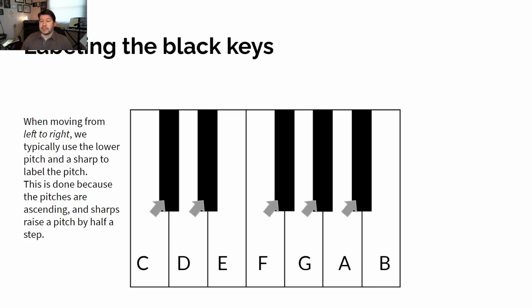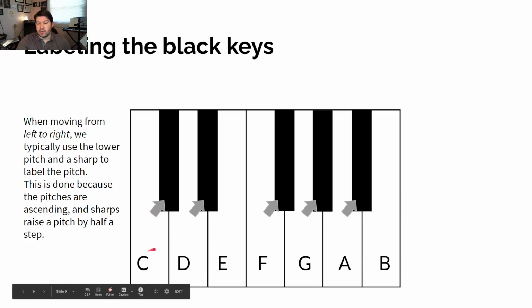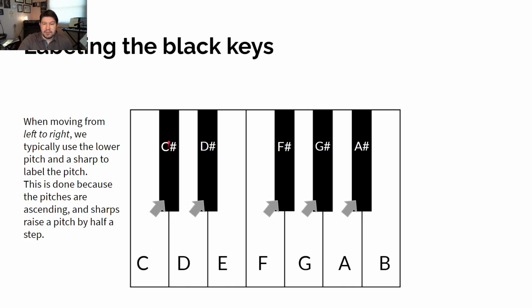So sharps, since they raise pitches by half a step, are used when we're going from left to right and ascending because it makes the most sense to raise a pitch as we are going higher on the keyboard. For example, we take C and we make it C sharp. D right there becomes D sharp for that black key. F up to F sharp, G to G sharp, and A to A sharp.